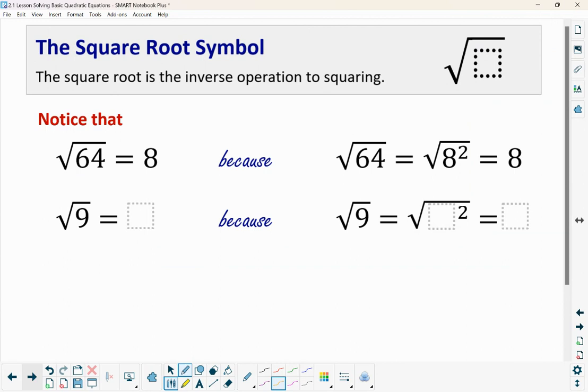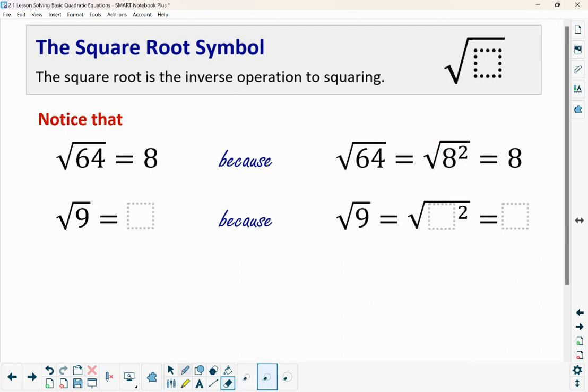So square roots are the inverse operations to squaring. The reason that the square root of 64 is 8 is because 64 is equivalent to 8 squared, and you can see that this root and this power of 2 sort of cancel each other out. They undo each other because they're inverse operations, and we're left with just 8.